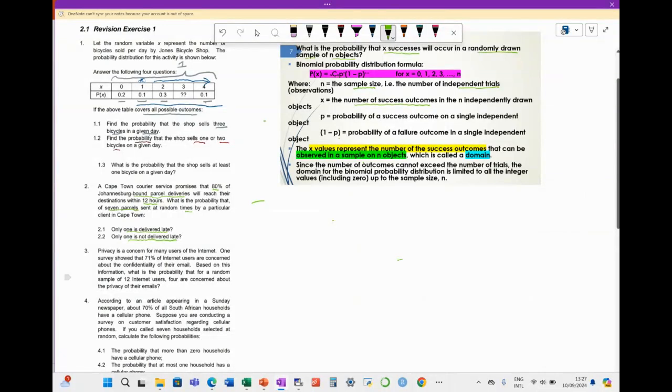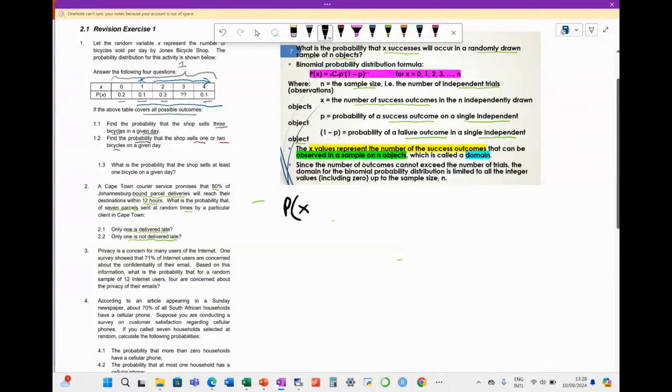So here, the success outcome would be only one delivered late. P is the probability of a success outcome on the single independent trial. Then 1 minus P is the failure outcome in the single independent trial. So our formula, you can see, is this one here.